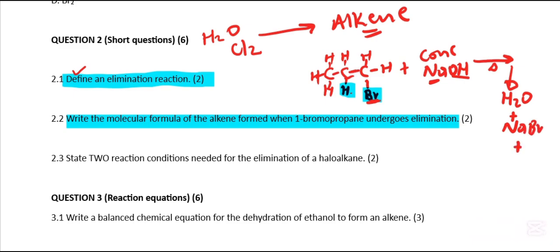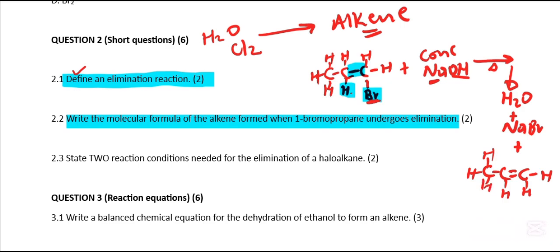Then the double bond will form here. So we'll have a double bond here, carbons 1, 2, 3. There is a double bond formed there. Hydrogen, hydrogen, hydrogen. Then we have hydrogen by 3 here.